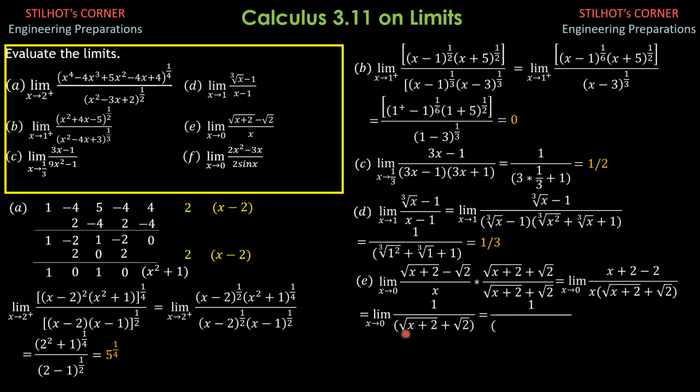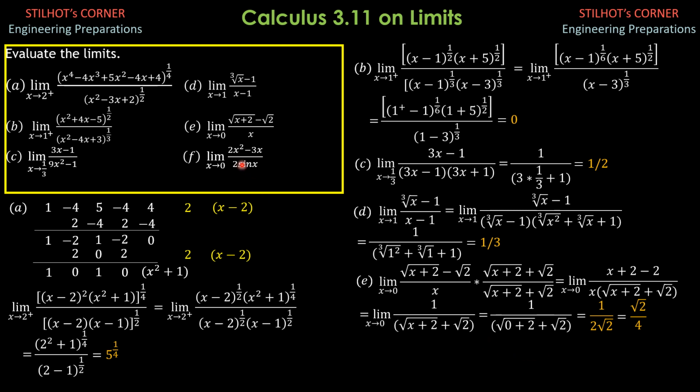So substitute x is 0. So we have 1 over square root of 0 plus 2 plus square root of 2. So 1 over square root of 2 plus square root of 2 is 1 over 2 square root of 2. Or multiply and divide by square root of 2 over square root of 2. So the final answer may also be expressed as square root of 2 over 4.